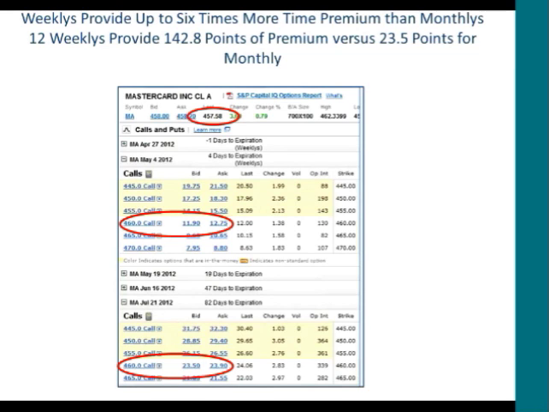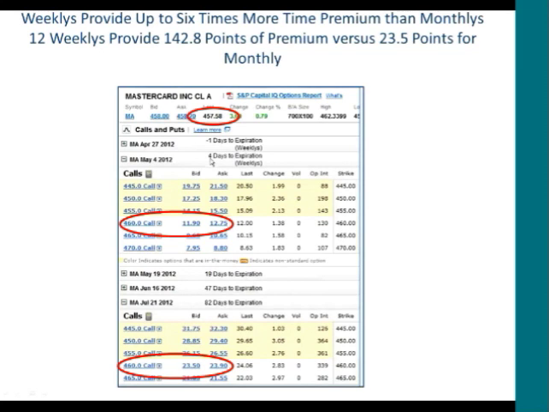And here's one of the reasons why these weekly options are so much more lucrative when you're selling premium. Here's a snapshot I took of MasterCard when it was trading at 457, a snapshot of the option chain, and you can see the May 4th weekly option.